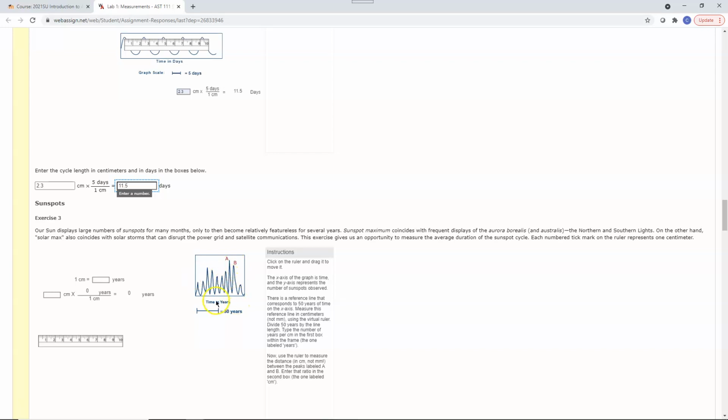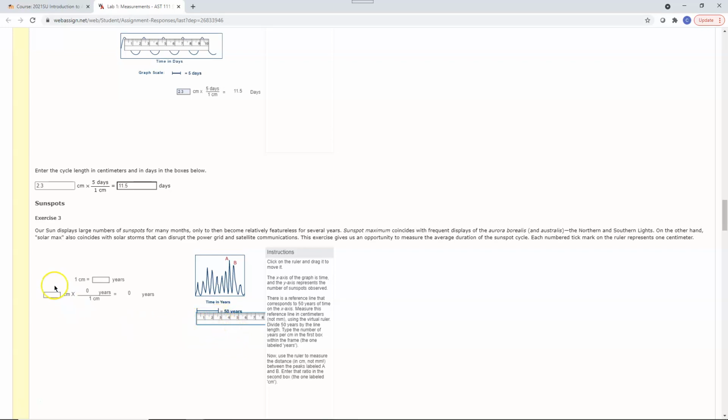Okay? If we measure the distance between those peaks, bring this up here, we can see that this A to B is about 1/2 centimeter. So 1 centimeter, let's say here, 50 years is our scale, so 2.5 centimeters is actually 50 years.